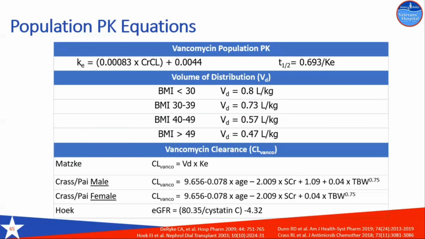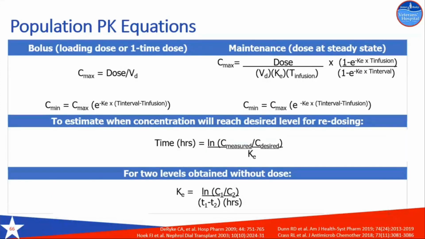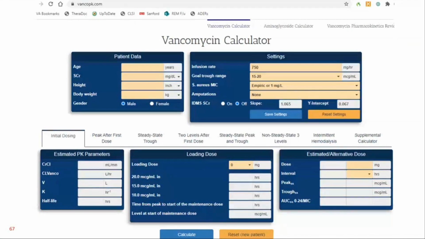So these are all the equations that go into determining what's the best Vanco regimen. I don't expect you to use any of these, but they're there because you need to be aware that there's a lot of math that goes into calculating the correct regimen.